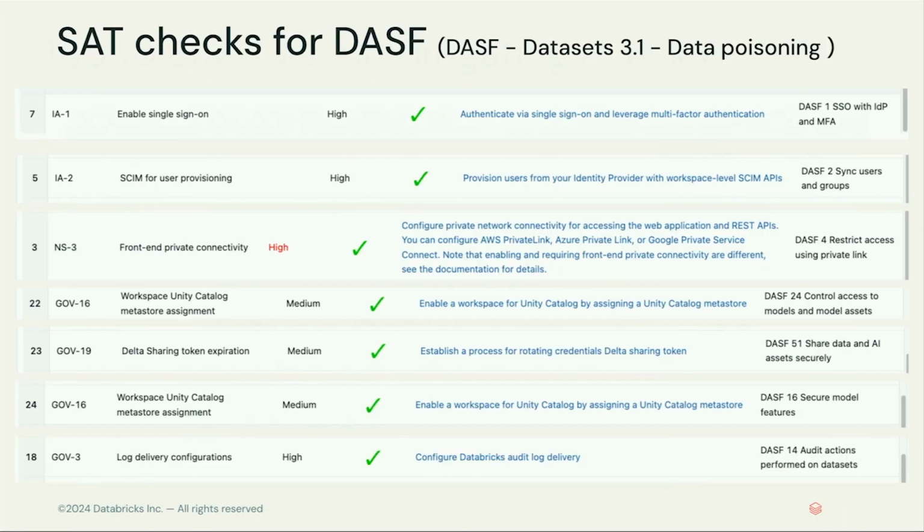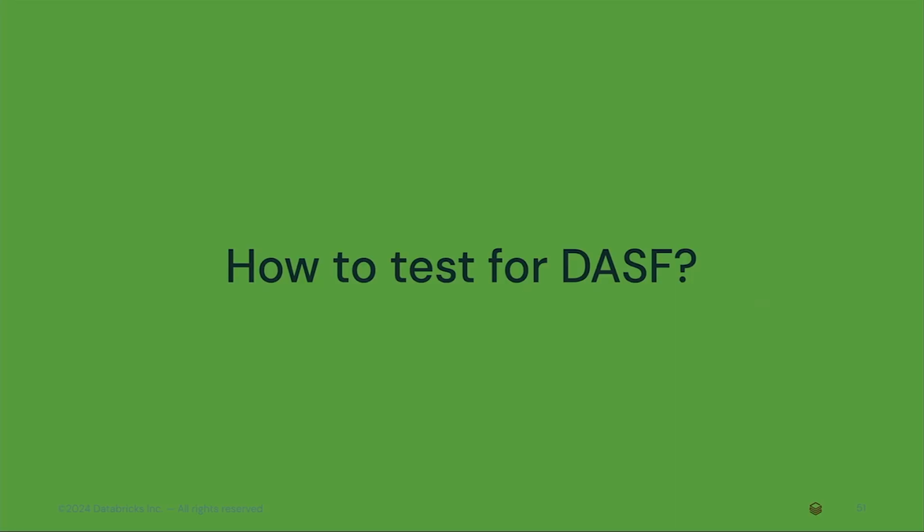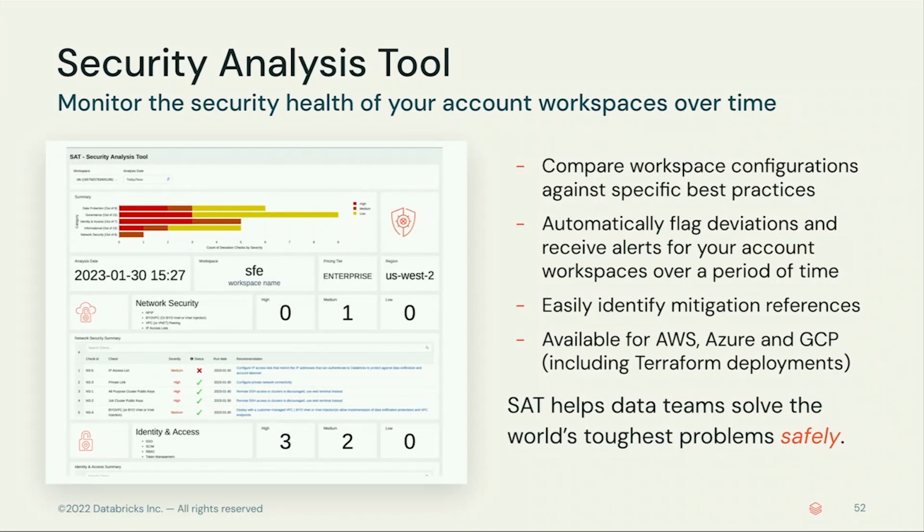So if you want to test this, we built a tool called Security Analysis Tool, which is mapped to the Databricks AI Security Framework. Using Security Analysis Tool, you can monitor the security health of your Databricks account workspaces for the controls that we mentioned, right?